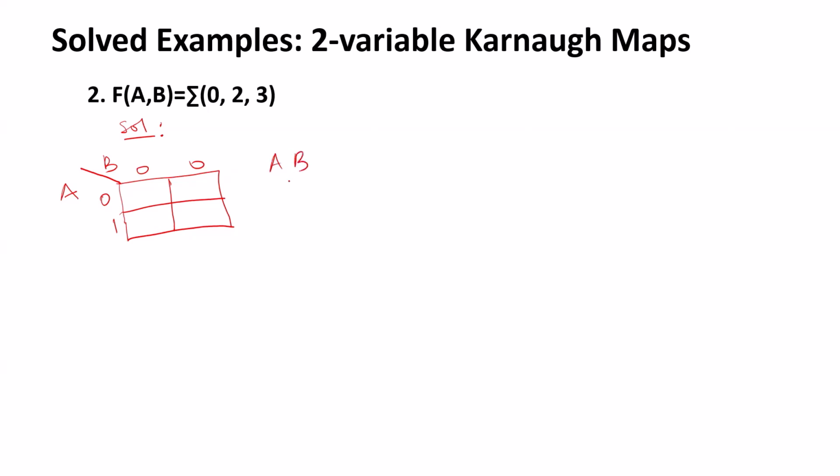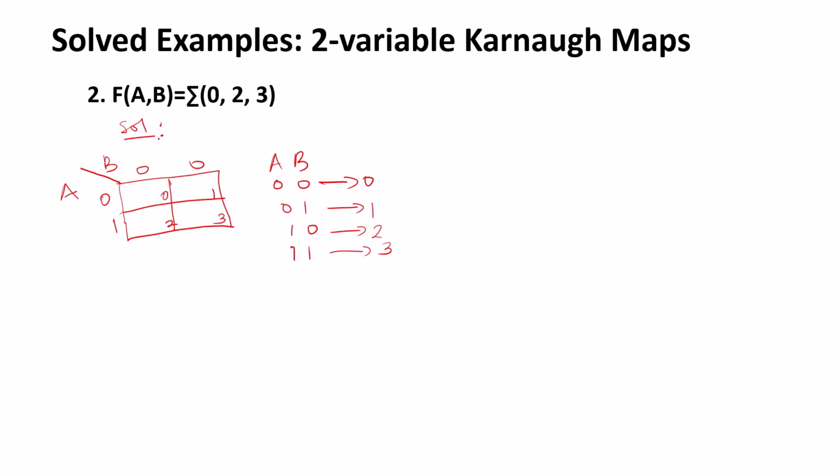AB will return 0 0, 0 1, 1 0, and 1 1. So these are the possibilities. And this takes cell 0, this takes cell 1, takes cell 2, and this takes cell 3. So we can label the cells as 0, 1, then 2, then 3.